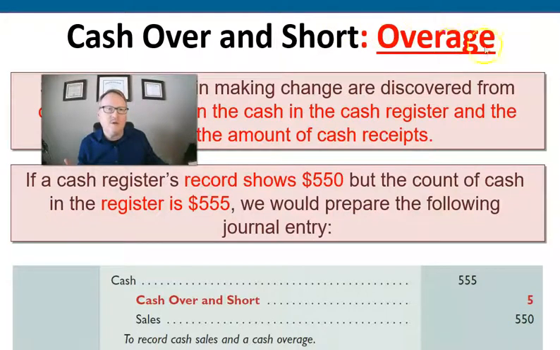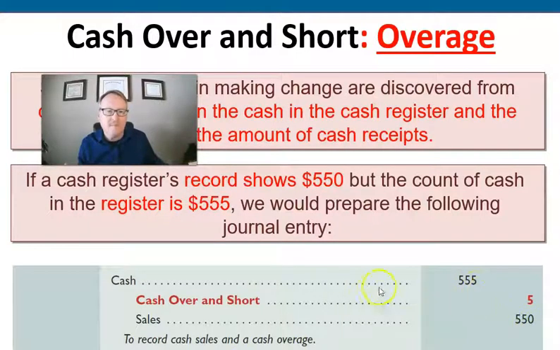So we create what we call an overage account. We call it overage and shortage because sometimes it's long, like here where we have more, we call that an overage, and sometimes it's short, which is going to be our next slide, of course. But it's good to look at this because it really helps you understand what's going on. We're always going to deposit the cash in the bank, right? So even though our sales said $550, the cash we're putting in the bank is $555.